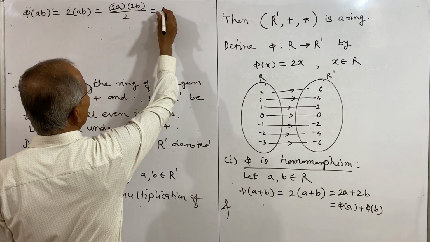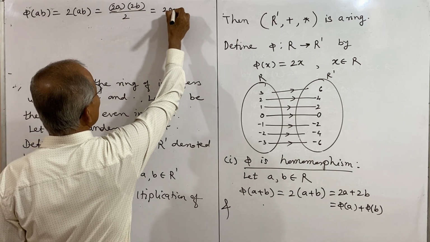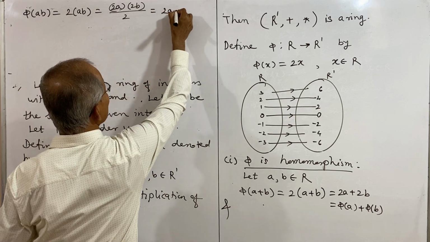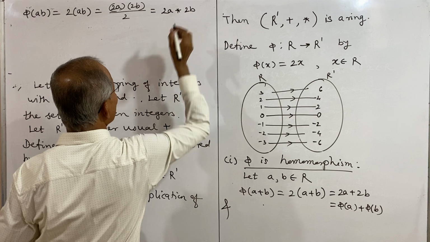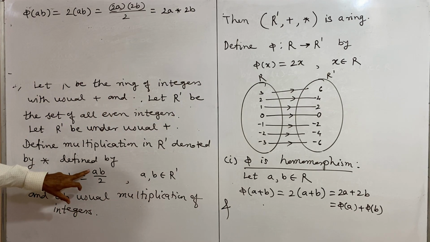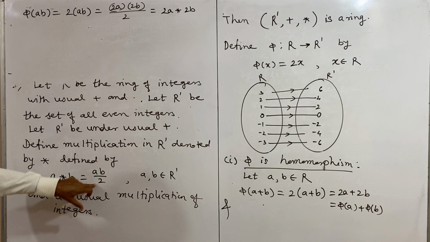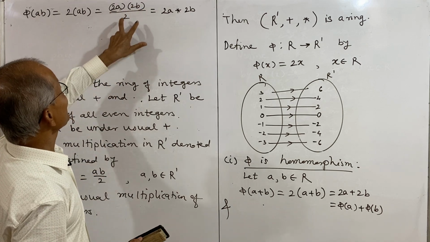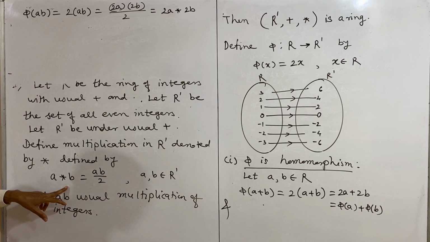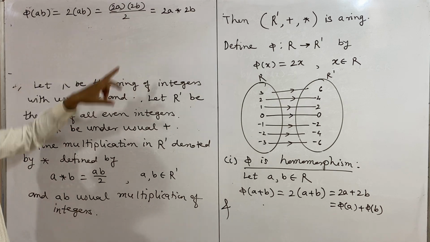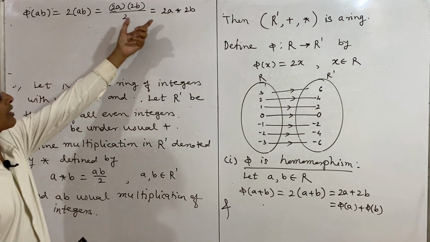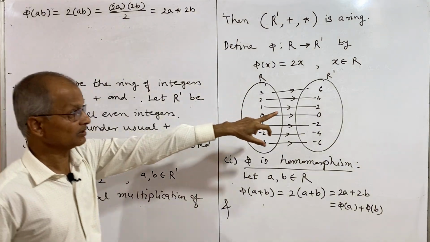This will be 2A asterisk 2B. By this definition, A star B is equal to A into B divided by 2. Now 2A 2B divided by 2 will be 2A star 2B by the definition. You see, in place of A there is 2A, in place of B there is 2B, and it is divided by 2. So it is a product between 2A and 2B in R dash.